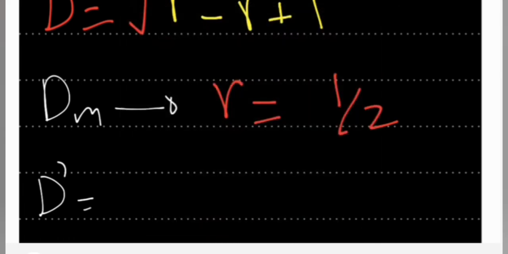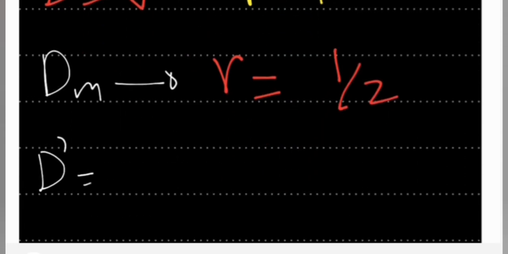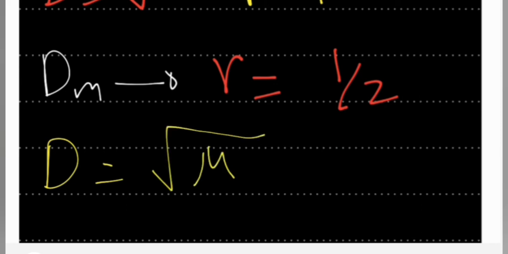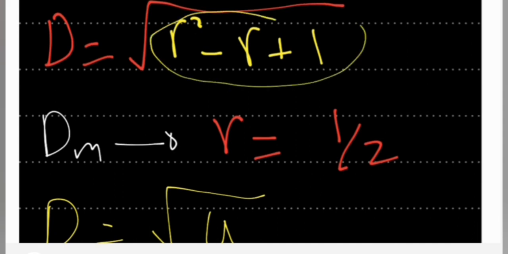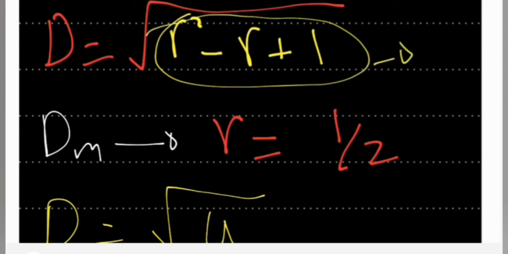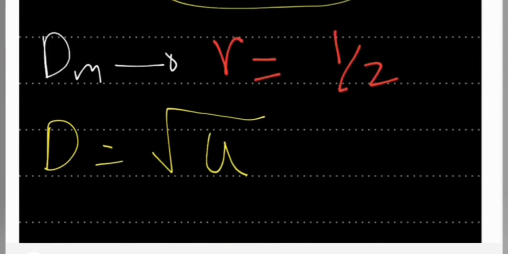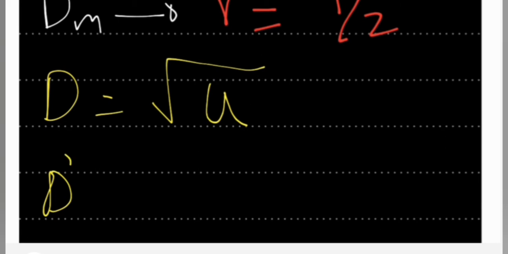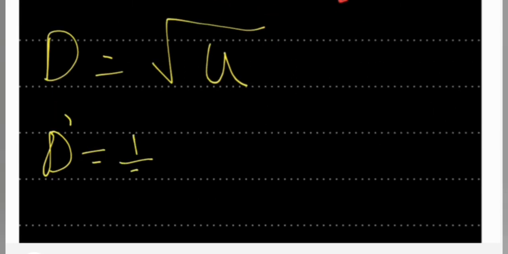So if d was equal to the square root of u, okay? Of u is equal to this, okay? So this is u, okay? What is the derivative of d? It would be d prime is equal to a half multiplied by u, and now it was to the 1/2 minus 1, right?